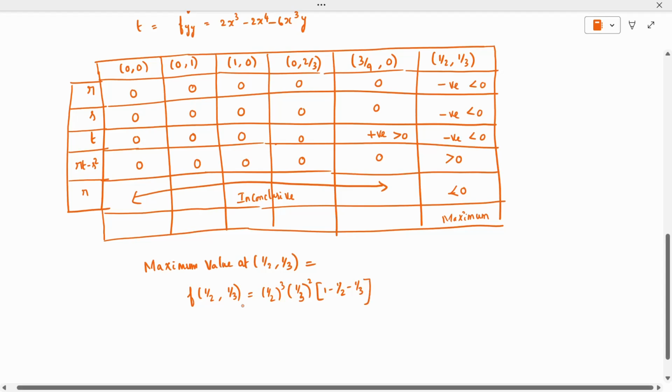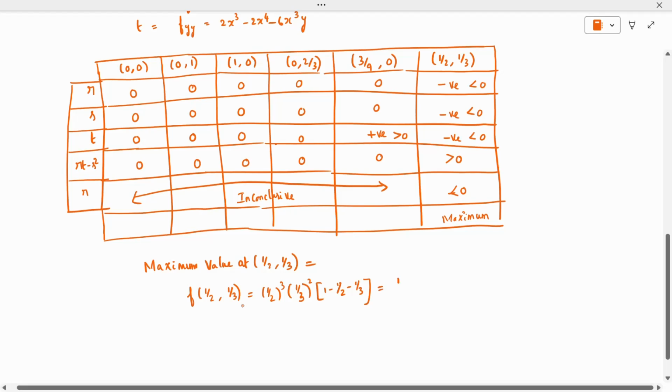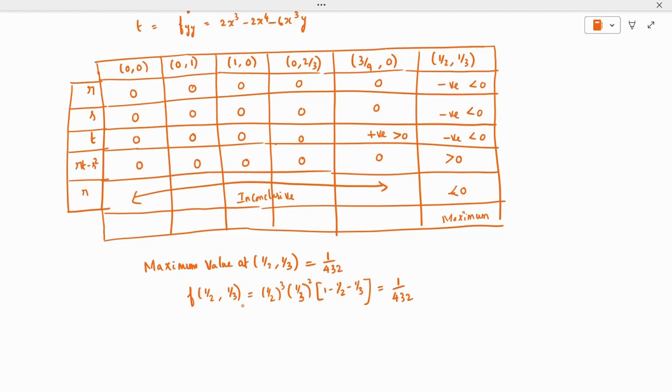When I simplify it, my value will be 1/432. You calculate in a calculator. So 1 divided by 432 is my value.